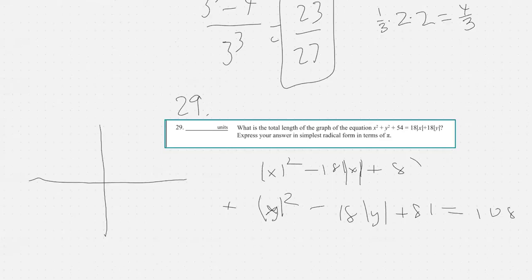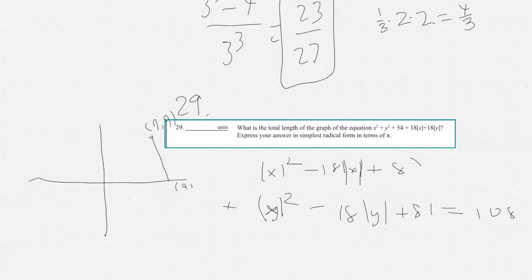So now you need to find where they intersect the x-axis. If you just solve the equation, you'll get that it intersects somewhere at 9 plus 3 square root 3, 0.